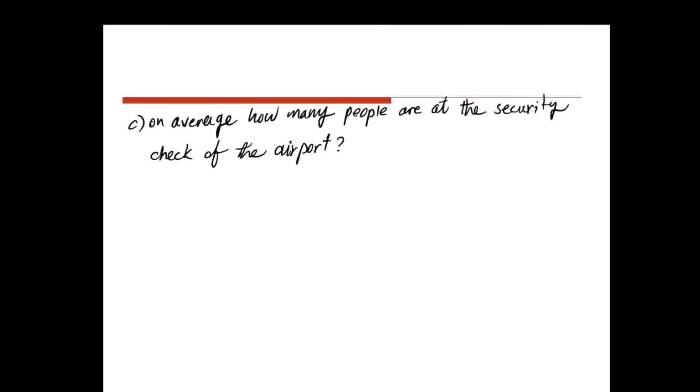One other question that we can ask about this system is, for example, on average, how many people are at the security check of the airport, like in the system? When I say in the security check of the airport, I mean the system overall, the queue and the service area. So here I need to calculate L, and the formula for L is rho over 1 minus rho.